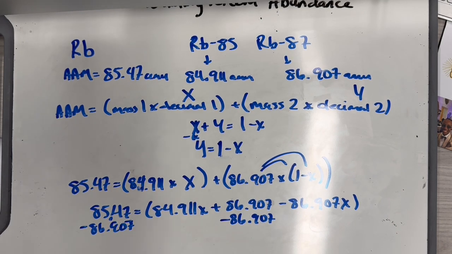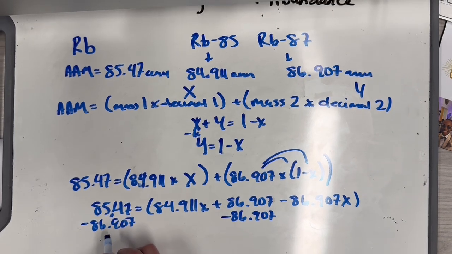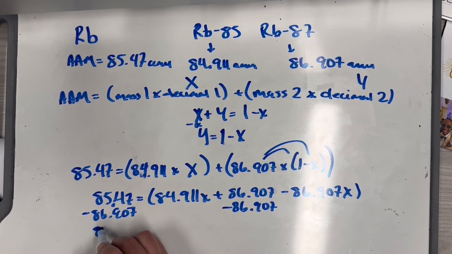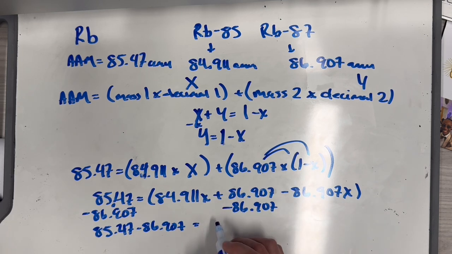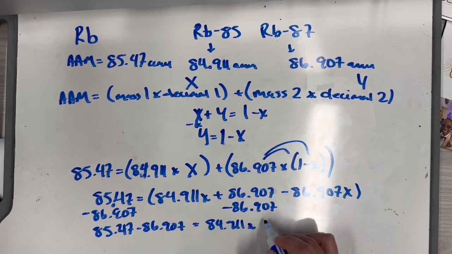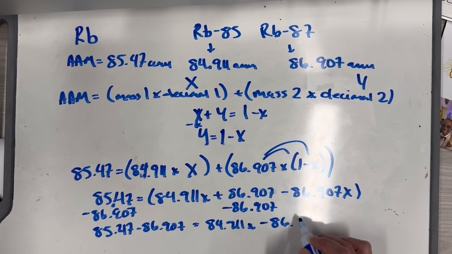And then what I'm going to get is 85.47 minus 86.907 is equal to those two things combined, 84.911x minus 86.907x.